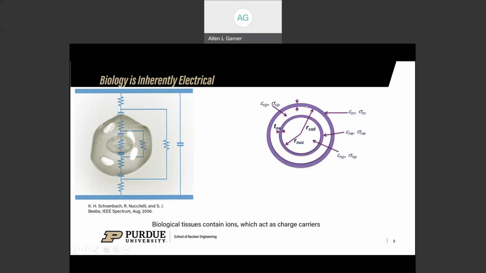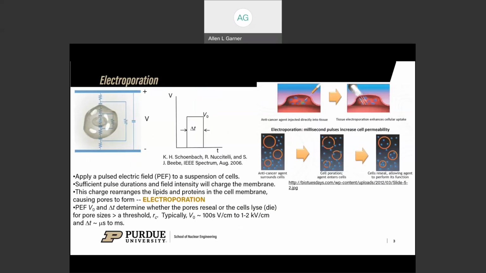Electrically, pore formation increases the conductivity because you're opening up pores and allowing ions to flow in. And as long as you remove that pulse before you create pores beyond a certain critical threshold, then your pores will reseal and you'll retain viability. So that is the concept behind electroporation.